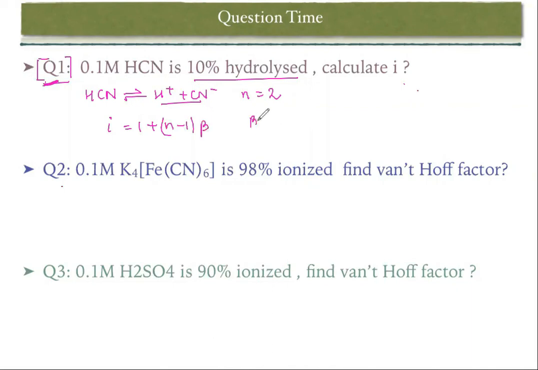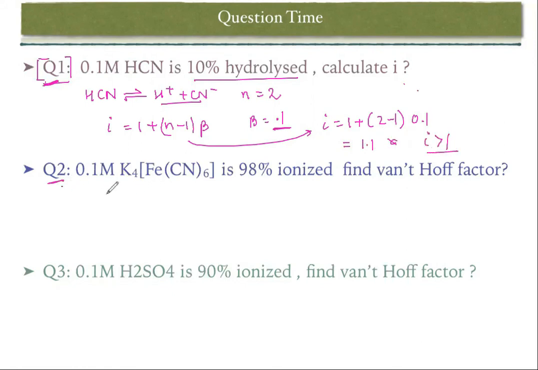Beta is given, 10% hydrolyzed, so we can say 10 by 100 is 0.1. Just put the values here: i is equal to 1 plus (2 minus 1) into 0.1. So now we'll get the value as 1.1. So we can say that i is more than 1.